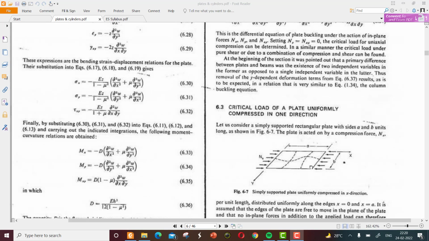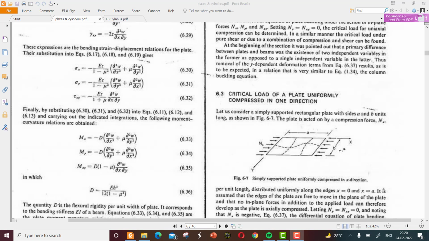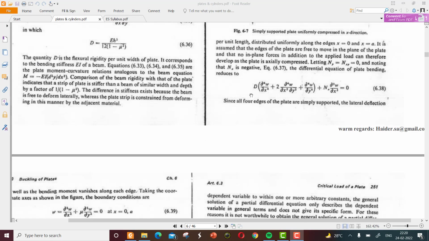Also there is no shear acting, so this component also won't be there. And we have the nx acting in the left direction, so it will be negative. So this will come to the left hand side to make it positive, and we have the equation. This equation is a modified form of the differential equation based on the problem.